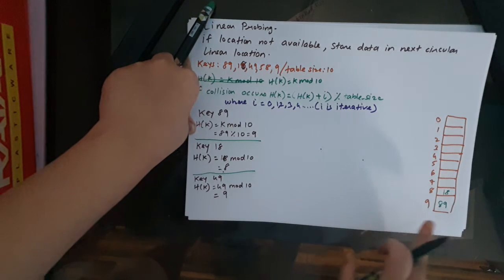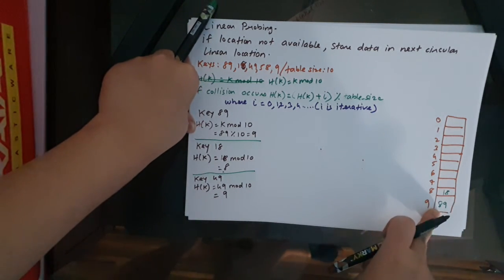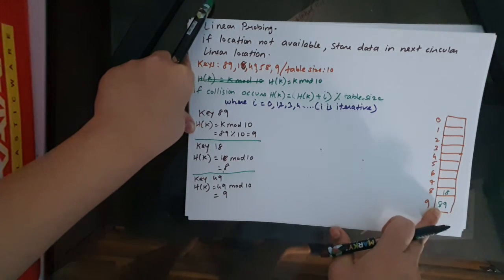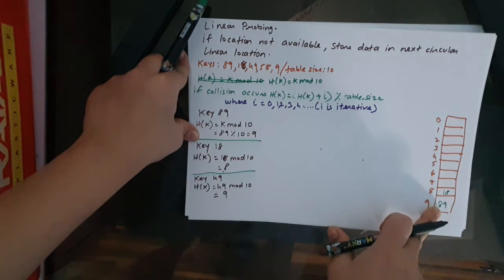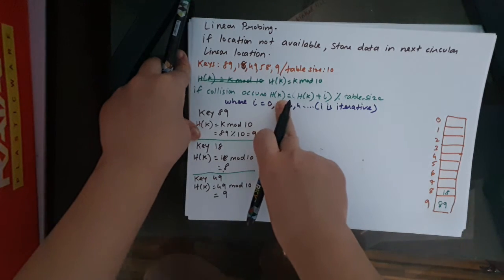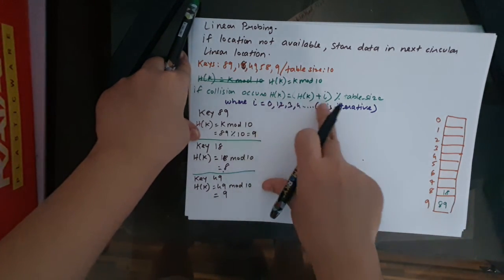Is the 9th location available? No, it is occupied, so we can't store 49 over here. A collision has occurred, so we have to find another location for 49. For that, we go to our next hash function, which is this.